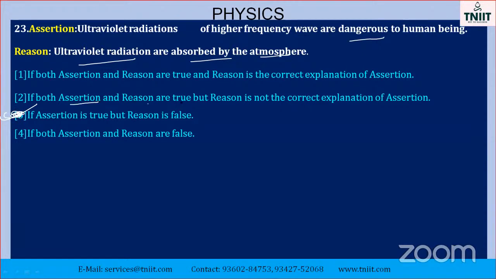Both assertion and reason are true, but the reason cannot be the correct explanation. UV radiation is absorbed by the atmosphere with the help of the ozone layer. So both assertion and reason are true, but the reason is not the correct explanation for that.